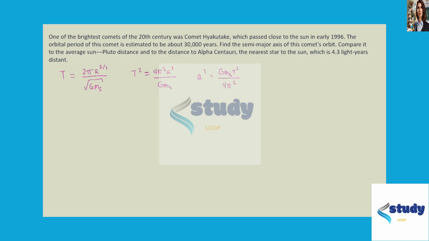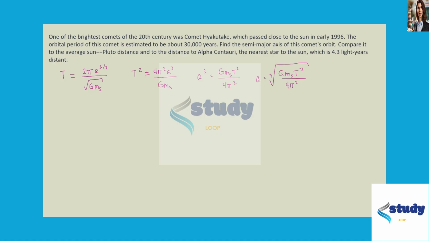So a is going to be equal to the cube root of G times the mass of the star, in this case the Sun, times T squared divided by 4 pi squared.